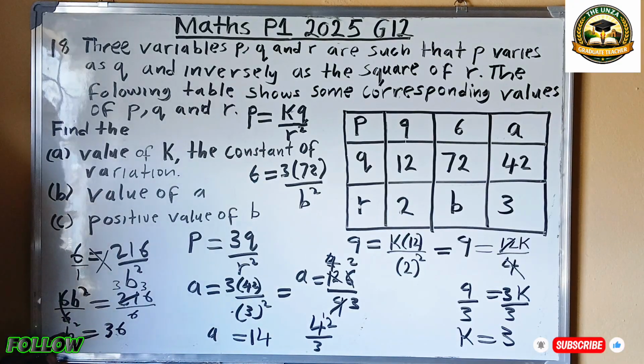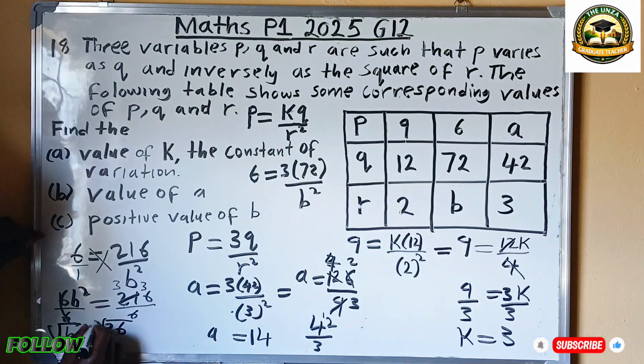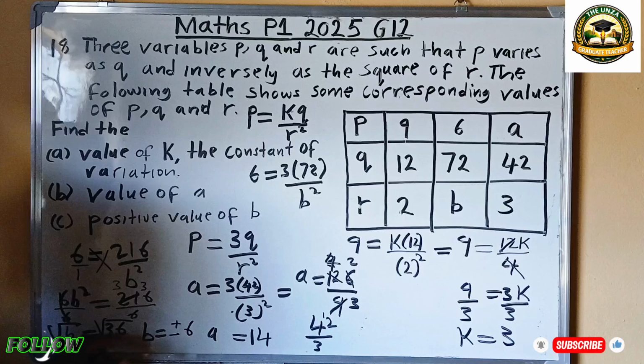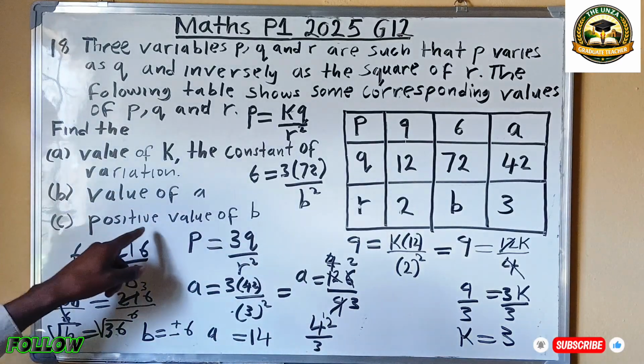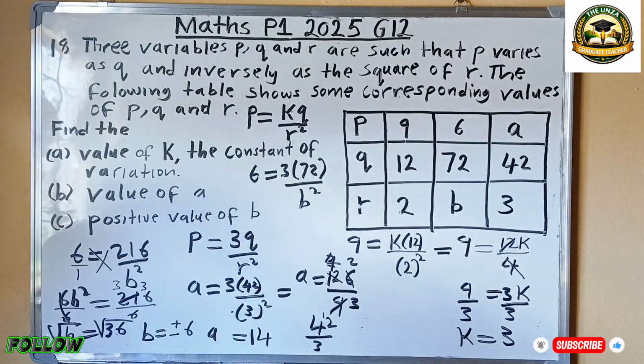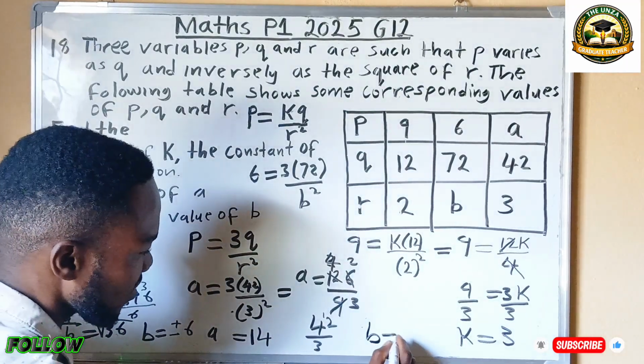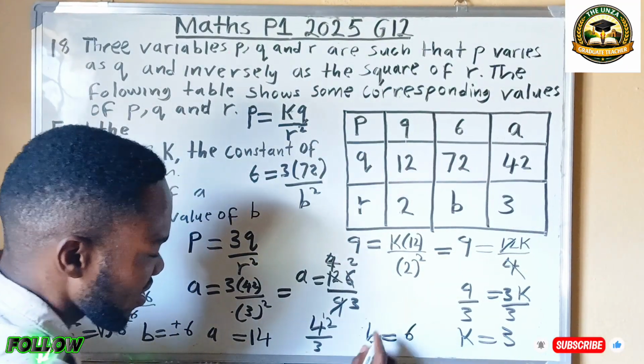So B squared equals 36. Now you take the square root, which means B is equal to positive or negative 6. The question is saying positive value of B, they want just the positive value. So B is equal to 6.